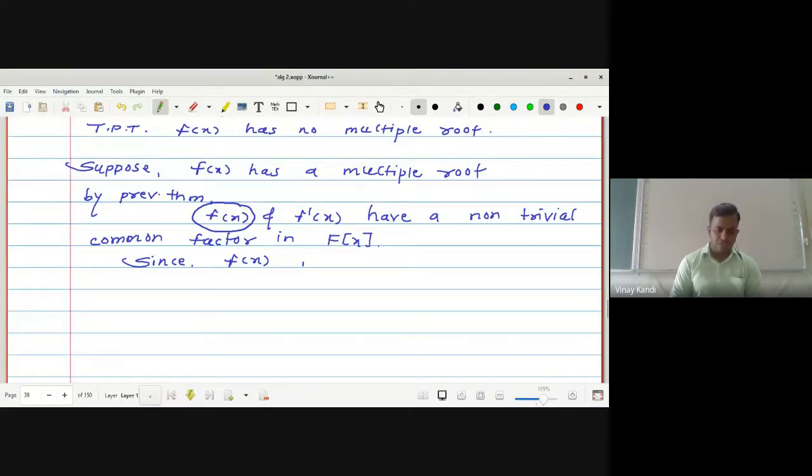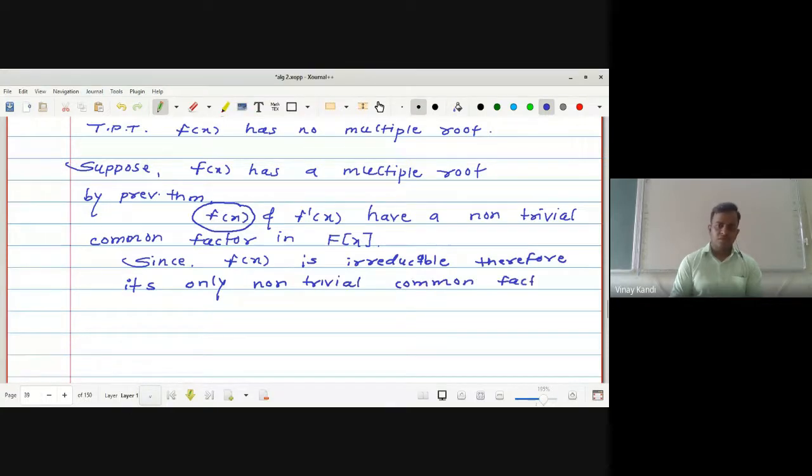Since f(x) is irreducible, it does not reduce. Therefore its only non-trivial common factor is itself, f(x). Is it correct?